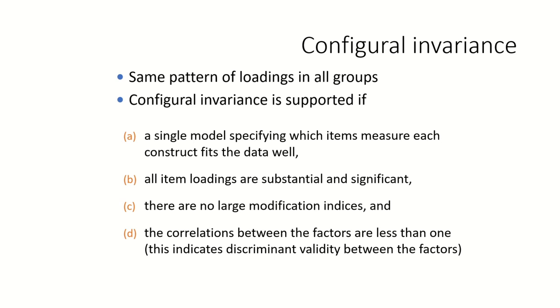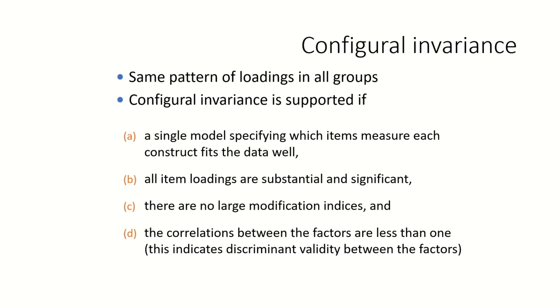So recapping, how can we test configural invariance? We need to have a model where all the items load on their designated factors. The loadings need to be substantial and they need to be significant.